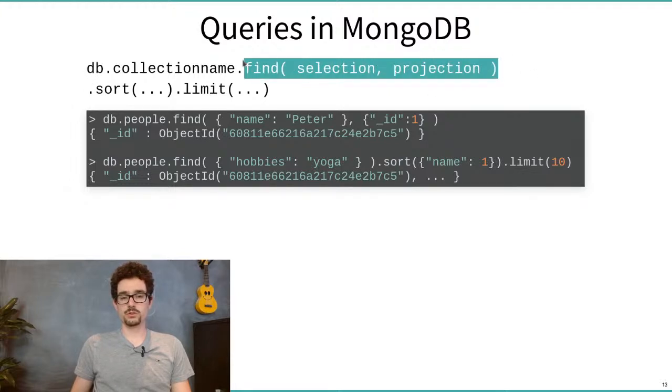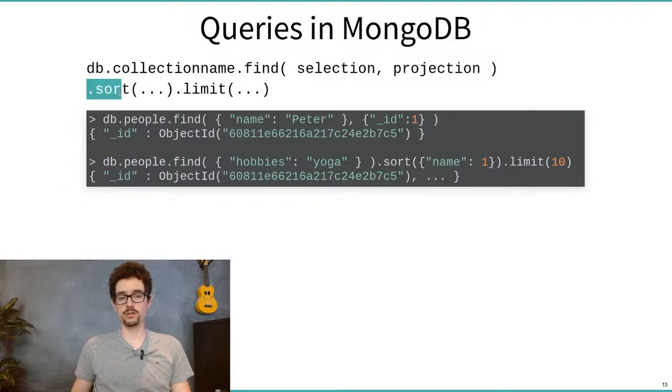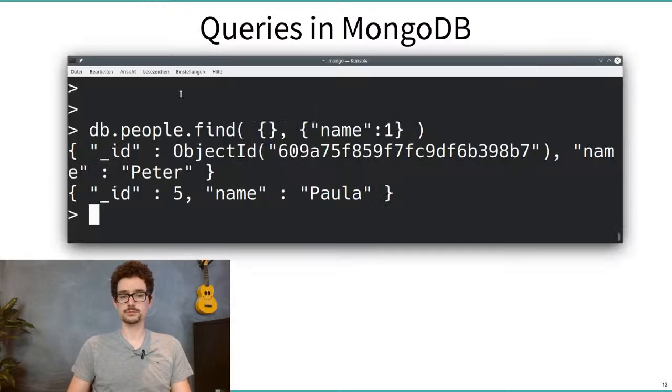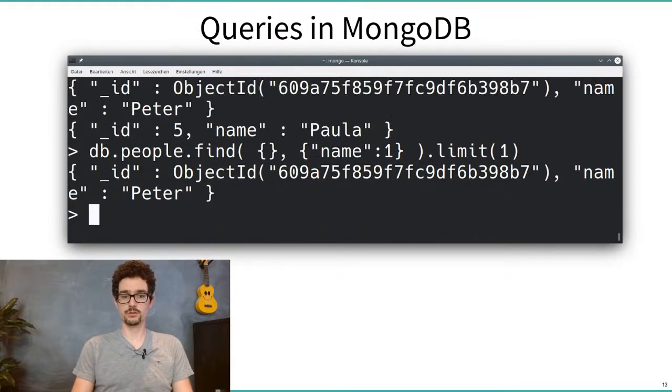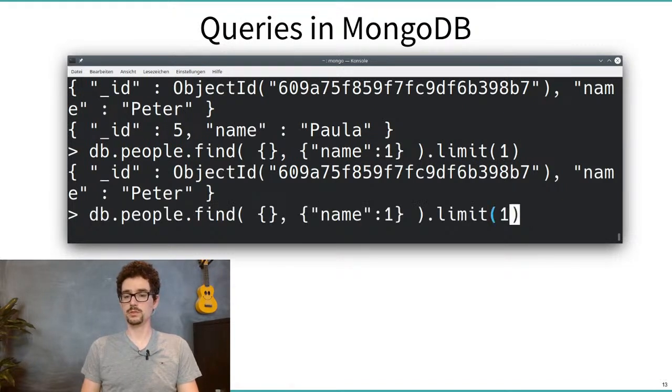After your find command, you can continue your query with some further steps. One is sort, and the other is limit. Limit without sort works. Then it gives you only the specified number of rows.